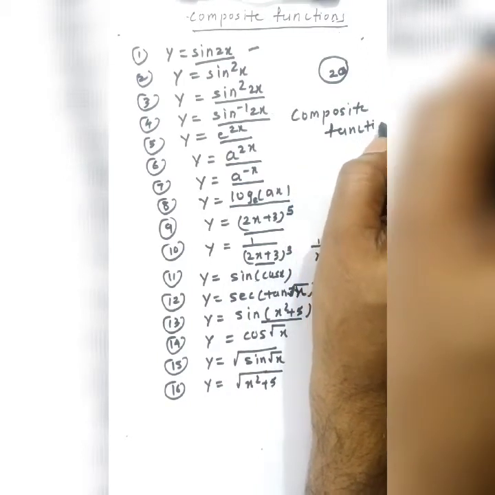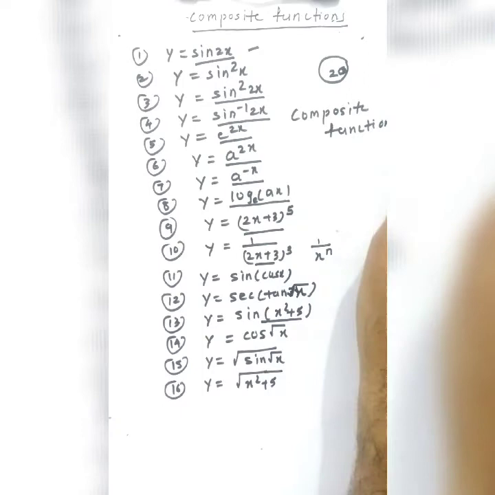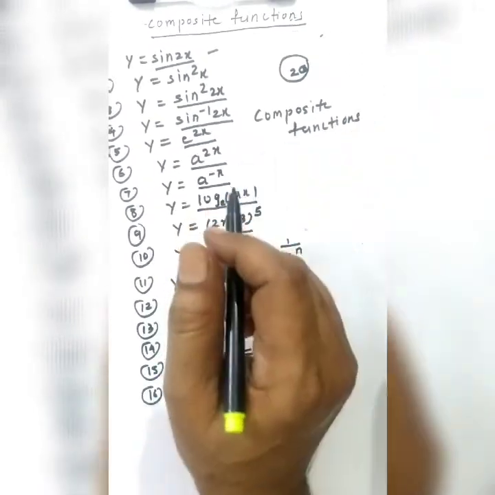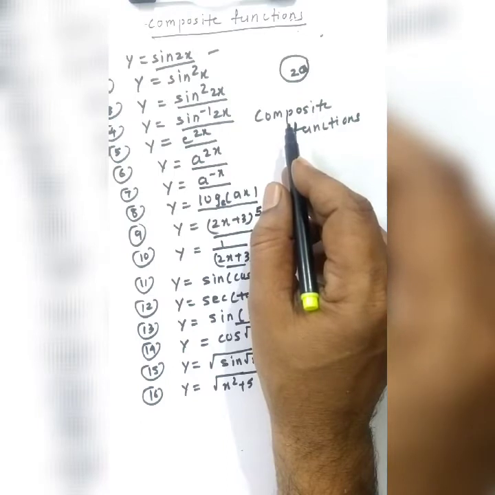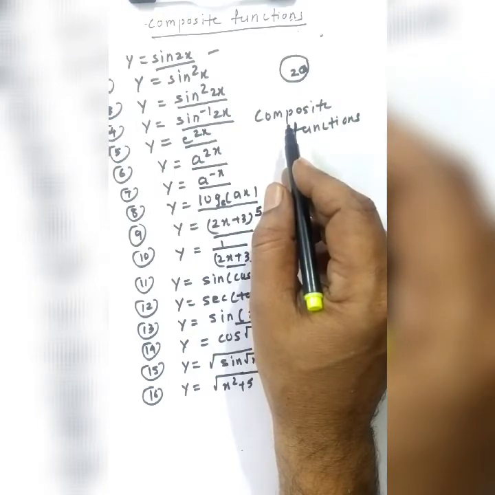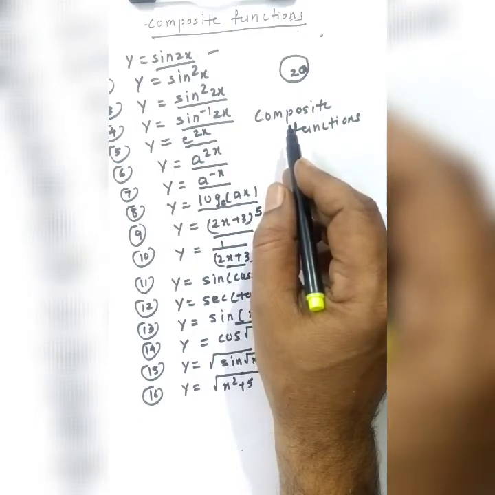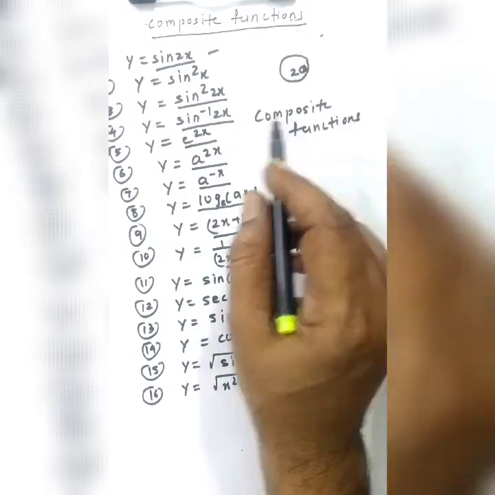So very simple to understand. If you are unable to apply the 20 standard forms, then it can be considered as a composite function.